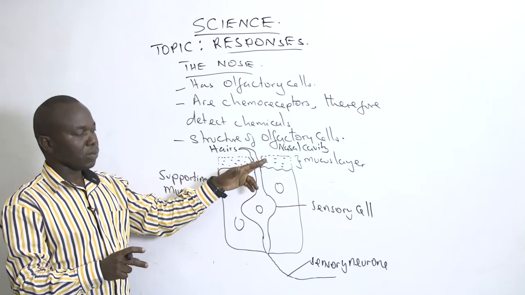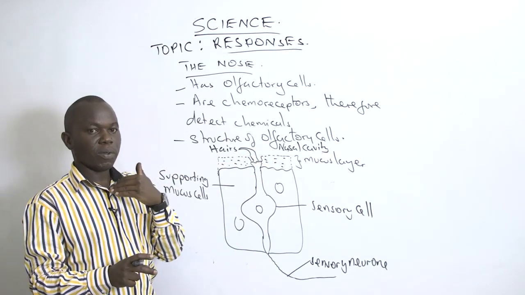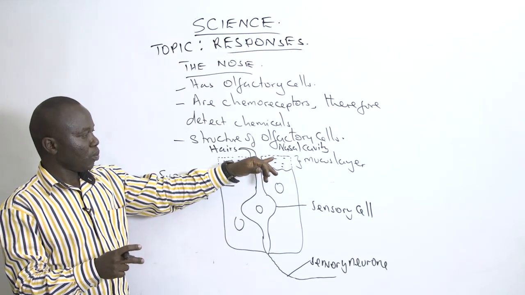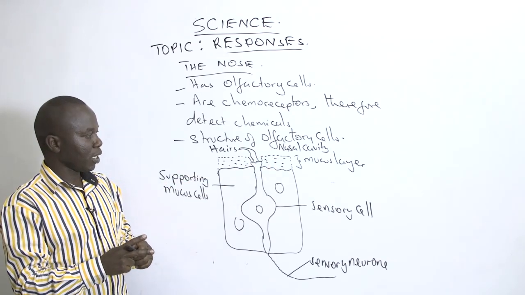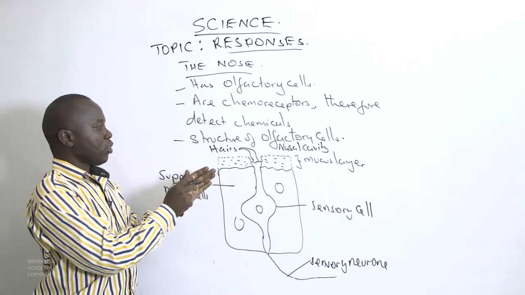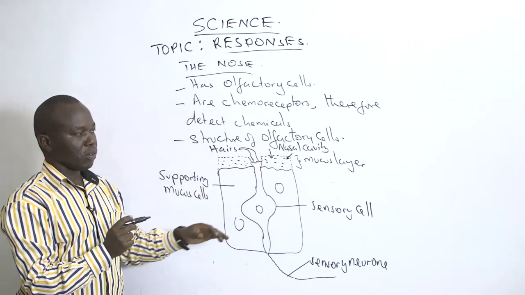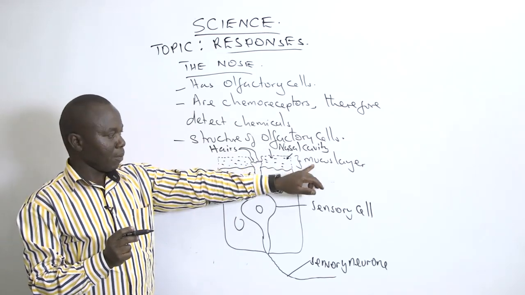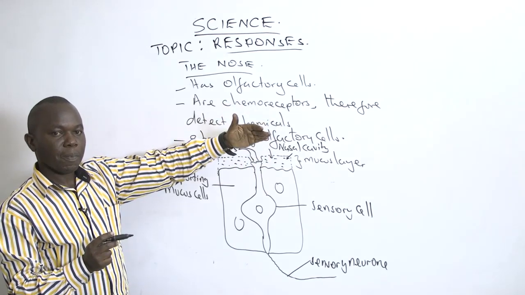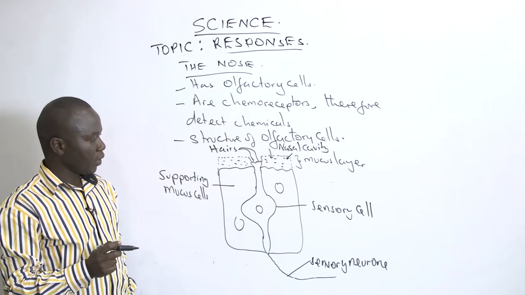So there are two entries to the nasal cavity, through the nose or through the mouth. Those air particles containing chemicals will dissolve in the mucus layer, so they are converted from gas phase into liquid phase.